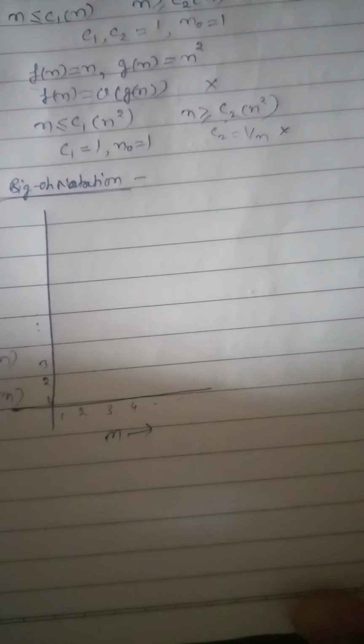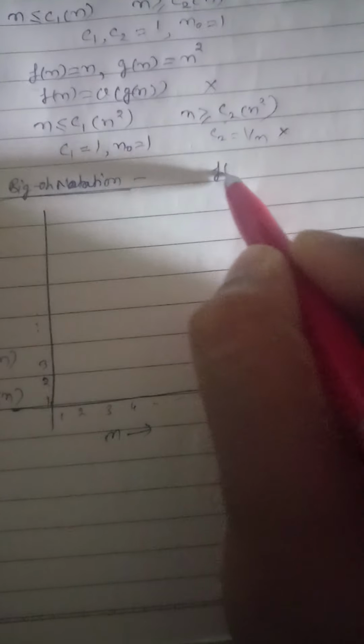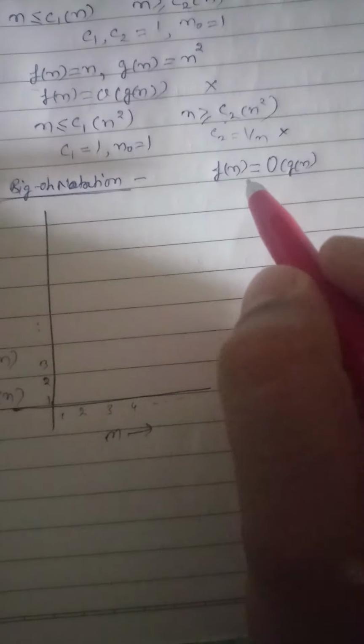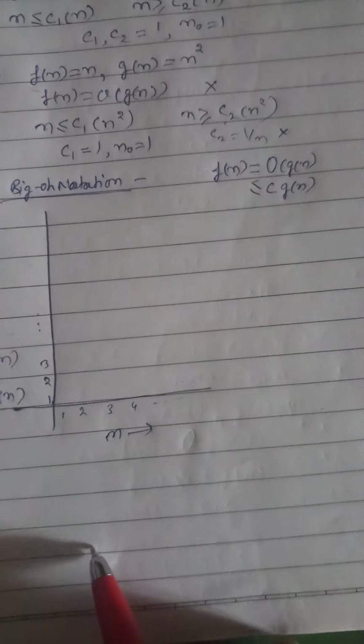As we know, in big O notation we have f(n) equals big O of g(n), where f(n) is less than c g(n).